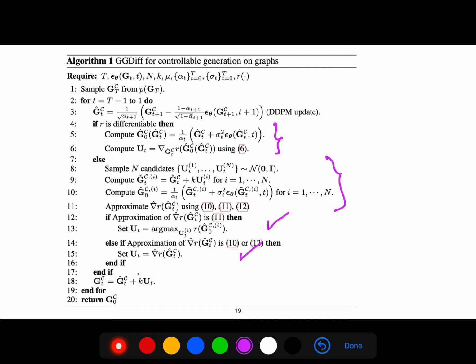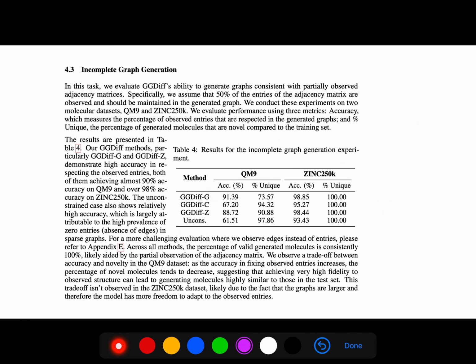And finally we go in the direction of the control. I mean, we move the graph in the direction of the control by g plus ku in this direction. It's like a directional derivative.